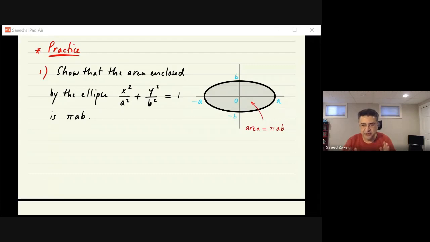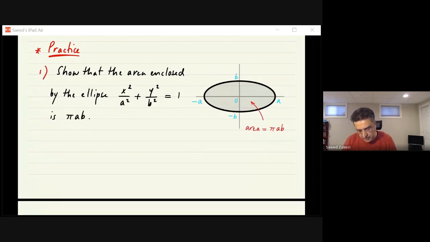So r is a or b, because they're equal, and this formula reduces to pi a squared, which is the good old formula for the area of a circle. You can think of it as a generalization of the formula for the area of a circle.